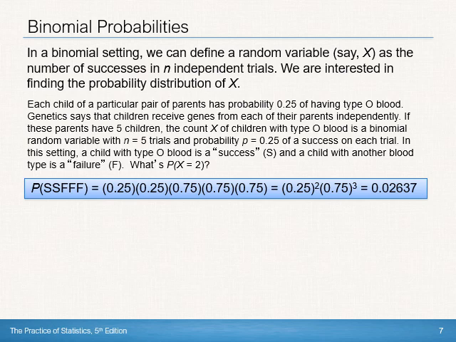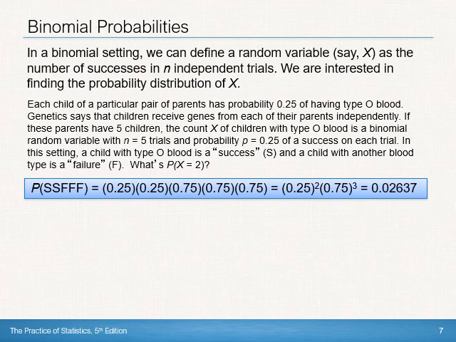So they have O-type blood, and then the other 3 do not. So that would be, probability of the first child being O-type blood is 25%. The second child, 25%. And then what's the probability that the third child is a failure? That would be 75%, and 75%, and 75% for the fourth and fifth children.